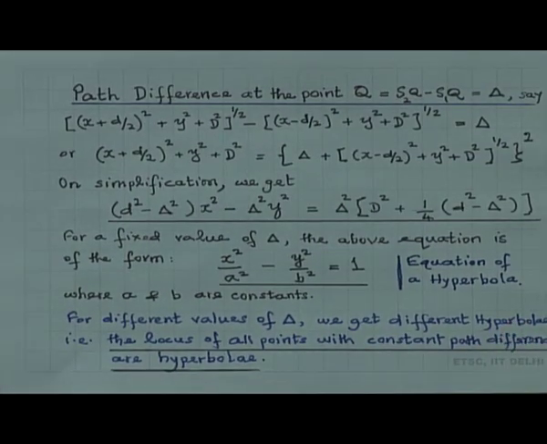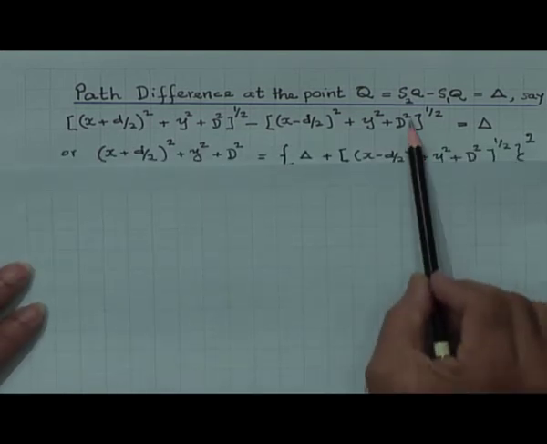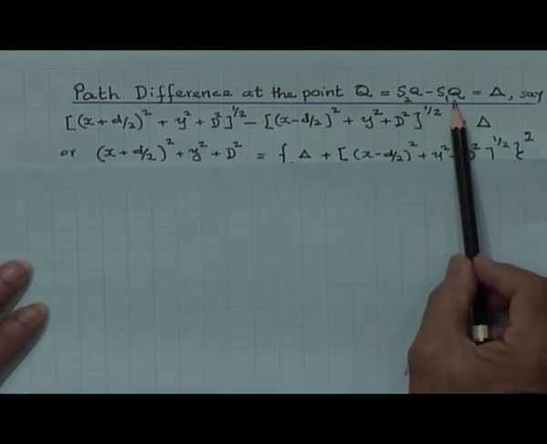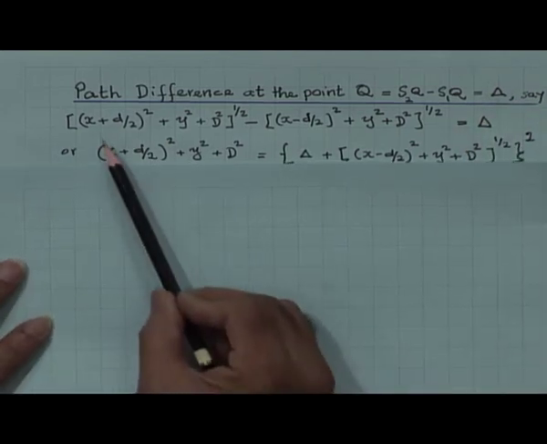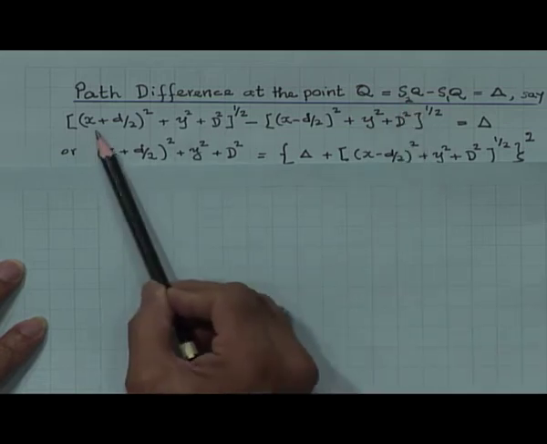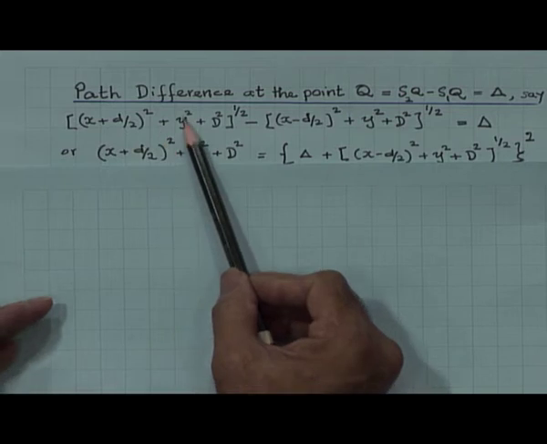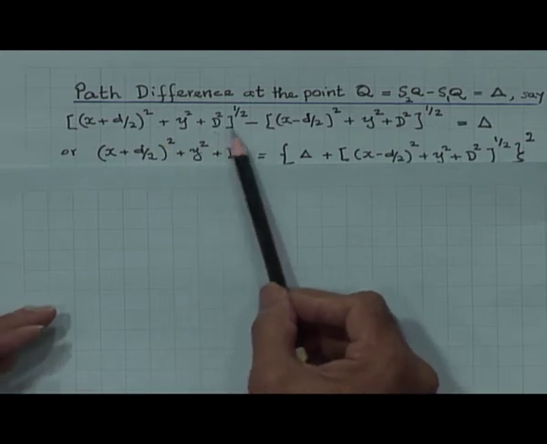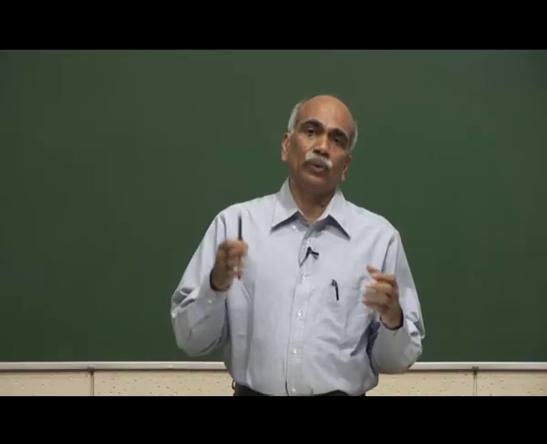The path difference S2q minus S1q, let us call it delta. S2q is the square root of (x2 minus x1) whole square plus (y2 minus y1) whole square plus (z2 minus z1) whole square, if the 2 points have coordinates x1, y1, z1 and x2, y2, z2.